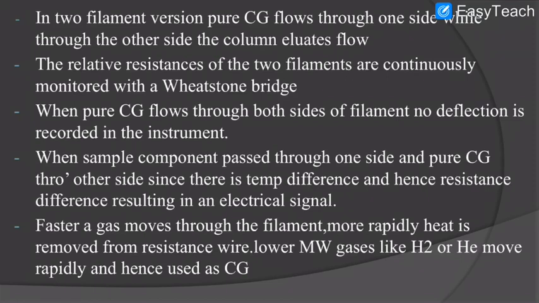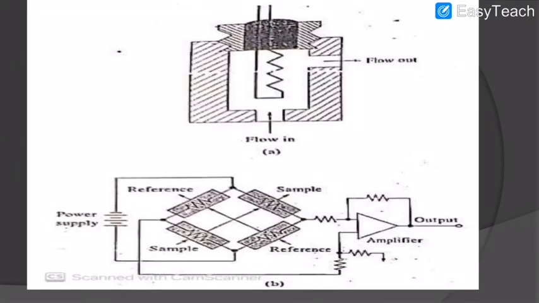Let me show you the Wheatstone bridge. Here in the lower part you are having a Wheatstone bridge circuit. There are four resistances. Two of them are of the sample and two of them are of the reference: through two wires the sample passes, and through the remaining two wires the reference or the mobile phase passes. You have a power supply system, an amplifier, and an output.